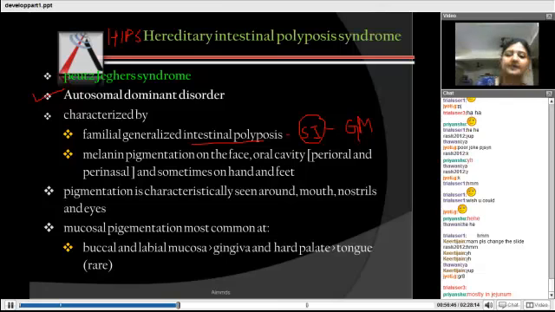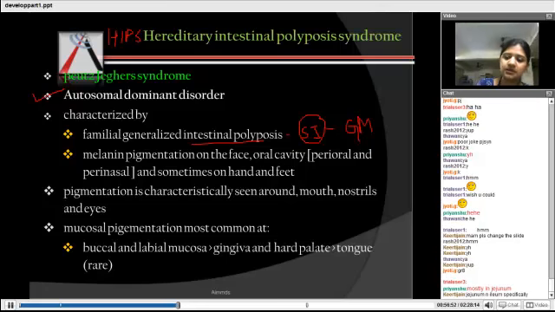Apart from intestinal polyps, polyposis meaning presence of a lot of polyps, you will see melanin pigmentation. This is seen on the face and oral cavity. On the face, it is more on the perioral area, in and around the oral cavity, and around the nose.